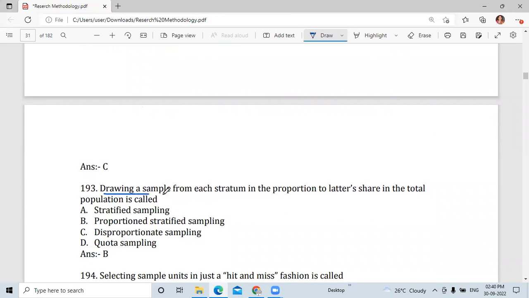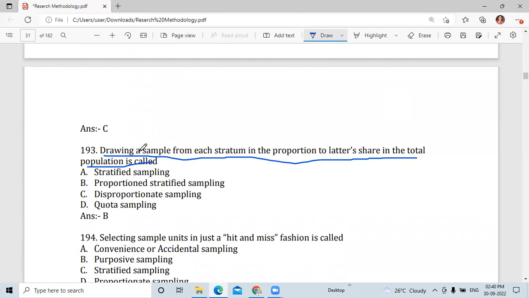Drawing a sample from each stratum in proportion to its share in the total population is called what? First, drawing a sample from each strata they have divided.